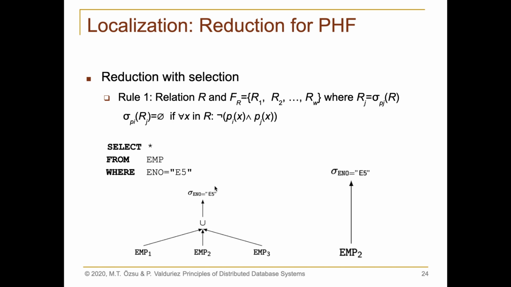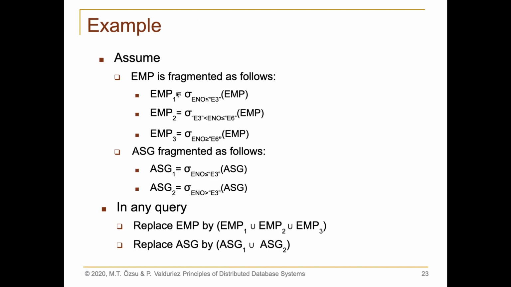When we apply rule 1, which checks whether the selection criteria holds for a tuple of each of these relations, for instance for employee 1, if we apply employee number is equal to E5 on subrelation employee 1, we know the fragment employee 1 is constructed by using a selection criteria employee number greater than or equal to E3.